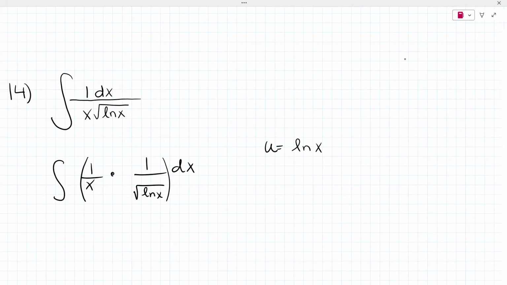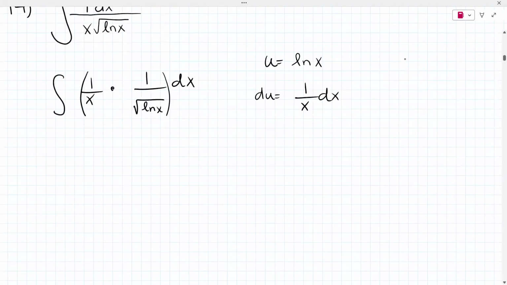Because when you take the du, you get 1 over x dx, right? So it works out real nice. So it's going to be 1 over square root of ln of x, which is u. And then you may replace 1 over x dx with du. Or you could put the du here, it's fine.